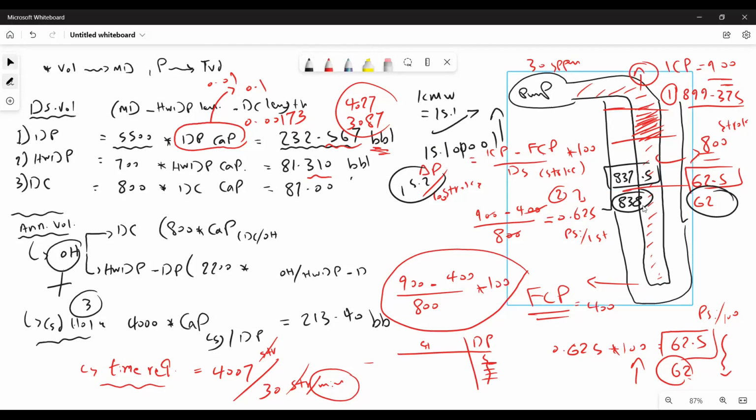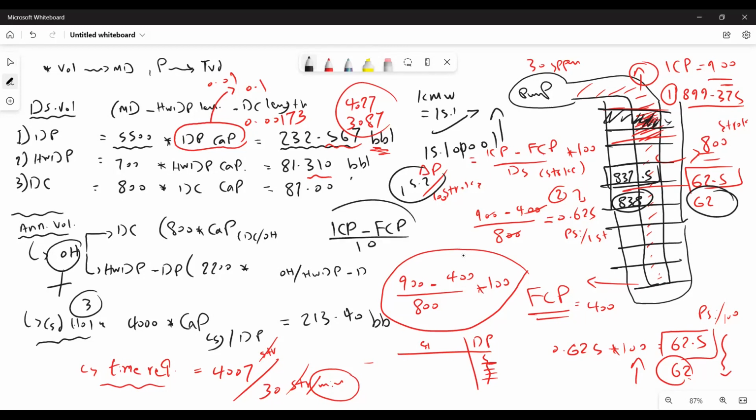Another thing for pressure drop: he may ask for pressure drop per 1/10. What is the meaning of 1/10? He divided the drill string volume into 10 equal sections, and he is asking, for each of these 10 sections pumped in the drill string, how much pressure will drop. So you need to take ICP minus FCP over 10, and then round down if you want.